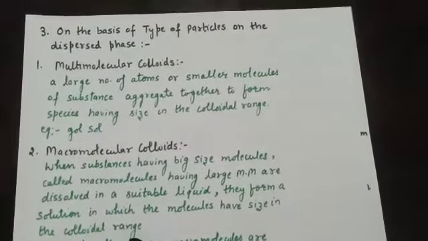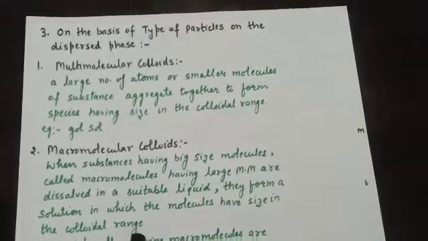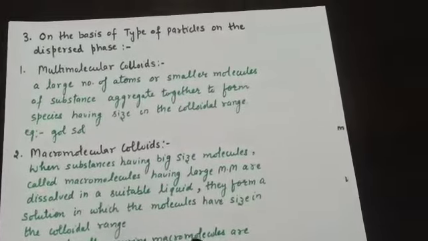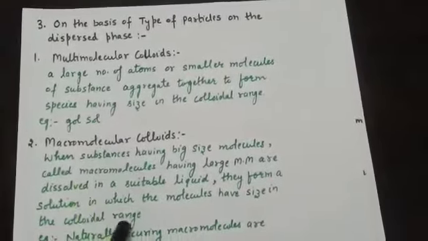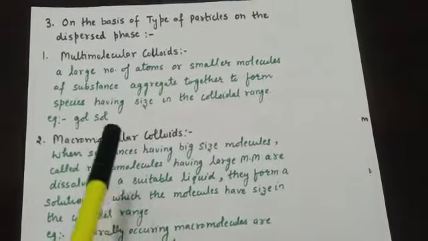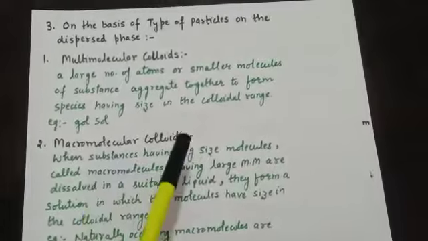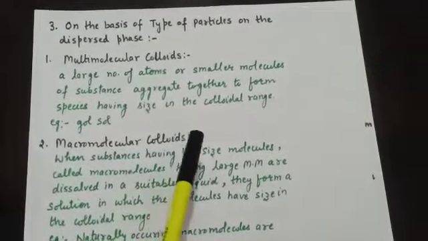Next is macromolecular colloids. Some naturally occurring macromolecules are starch and cellulose. These are macromolecules, that is, they have big size molecules with large molecular masses.